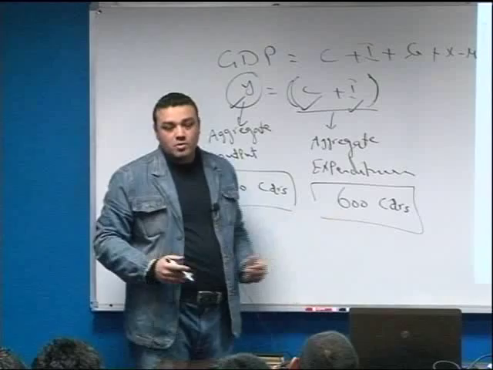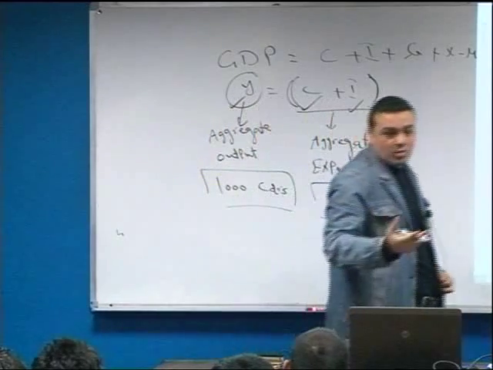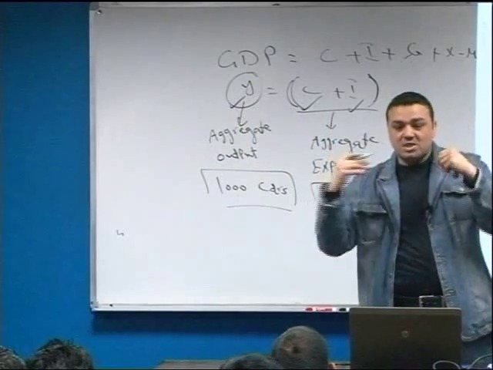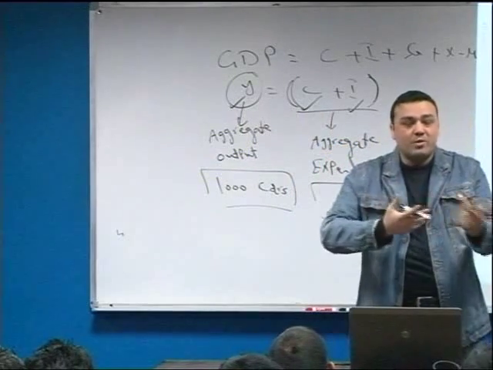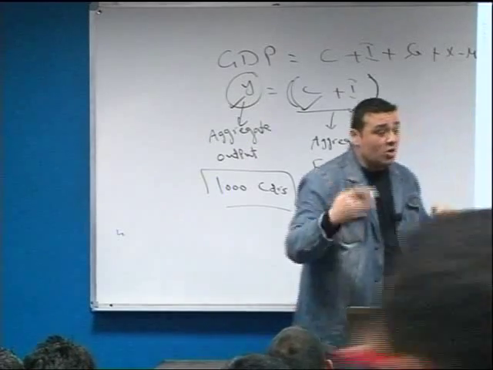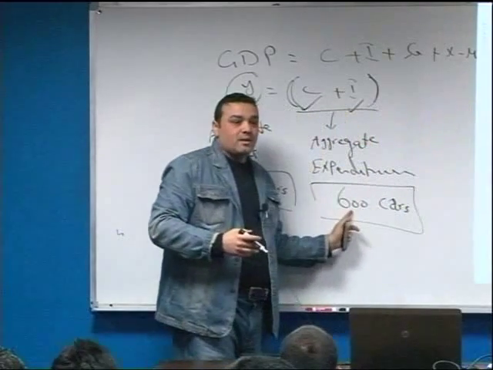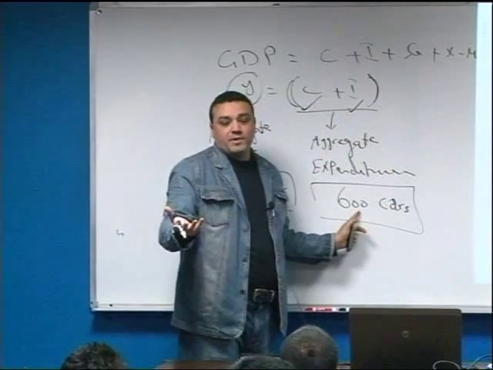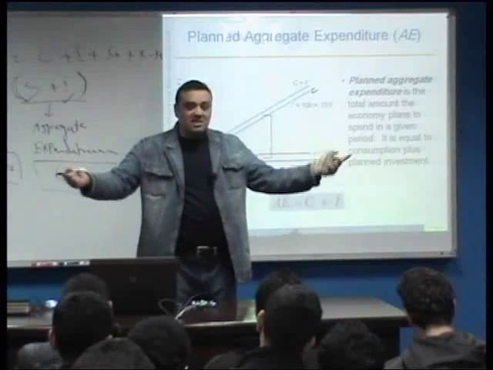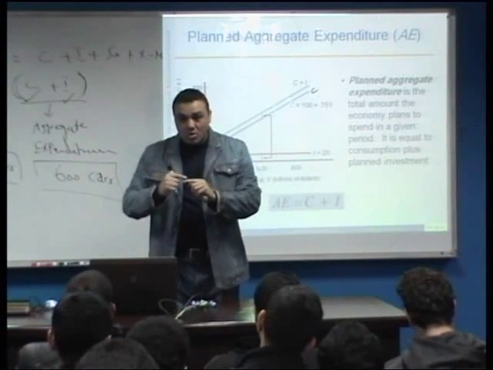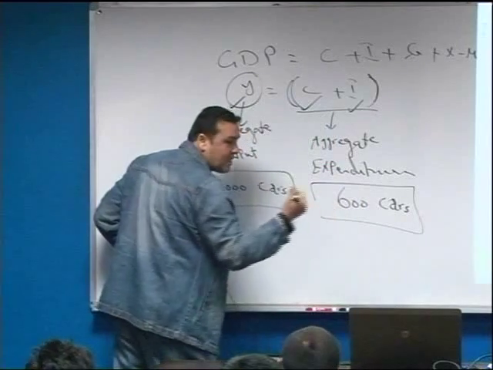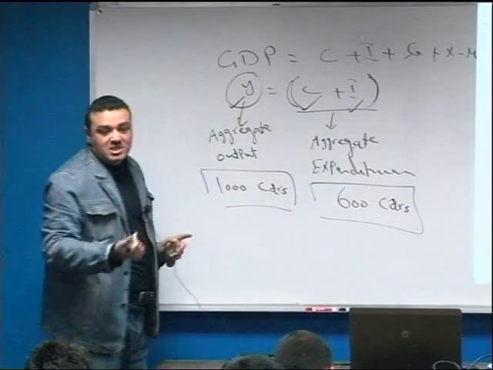Where can we put or deal with the excess supply of cars? Exactly. The excess supply will go to inventory. So in this case we have a positive change in business inventory.